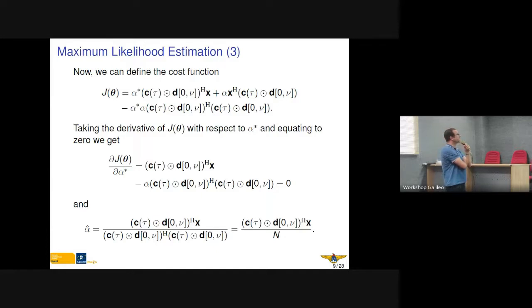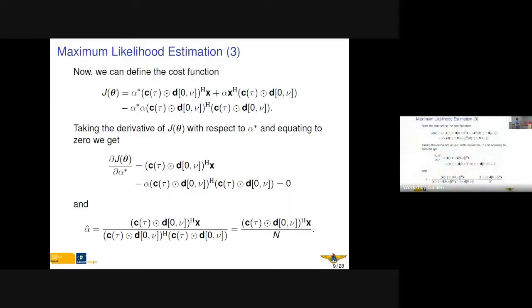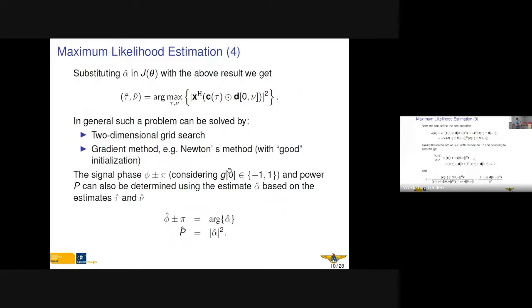Alpha is a parameter that we could call the complex amplitude, and this can be further decomposed into the square root of p times g of 0 times the exponential function of the carrier phase. Yeah, now we have an estimate for alpha. We can now plug alpha hat into our cost function, right? And by substituting alpha hat in the cost function, we arrive at this final problem.